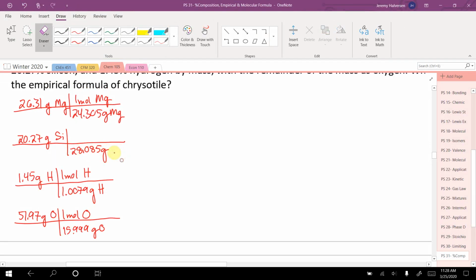Like I said, carry out your decimals so that you get nice, clean integers at the end of your problem. So we're going to change all these to moles.